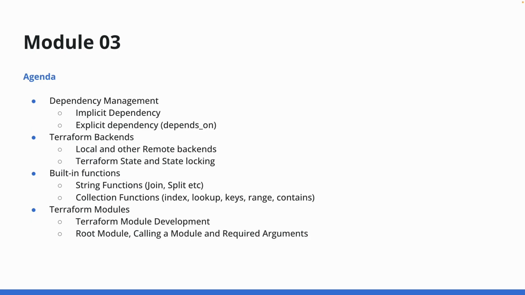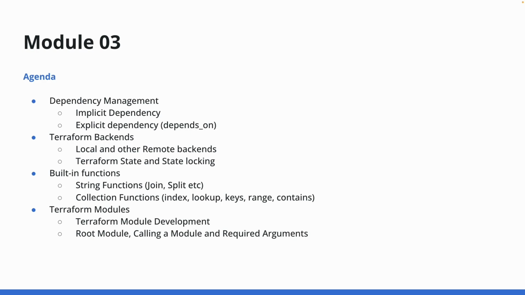In module 3, we'll cover the dependency management like implicit dependency, explicit dependency. Then we'll see the Terraform backends, local and other remote backend. We'll also see the Terraform state file and then the state locking, built-in functions.